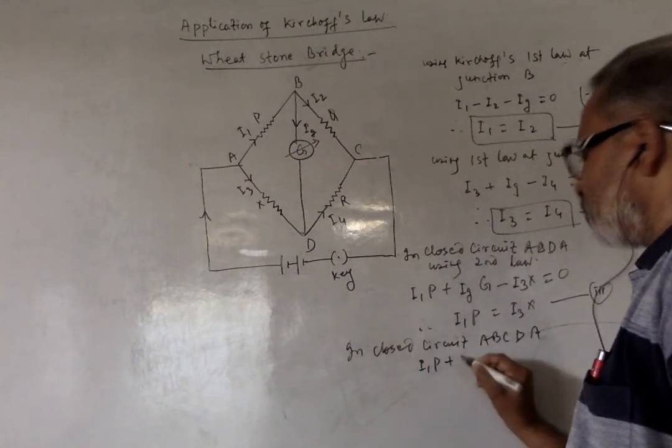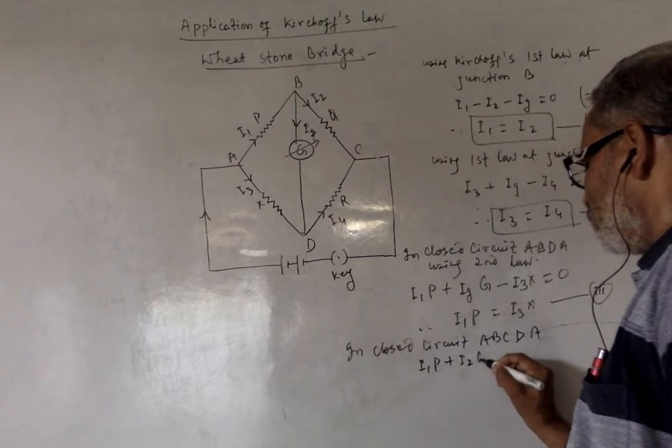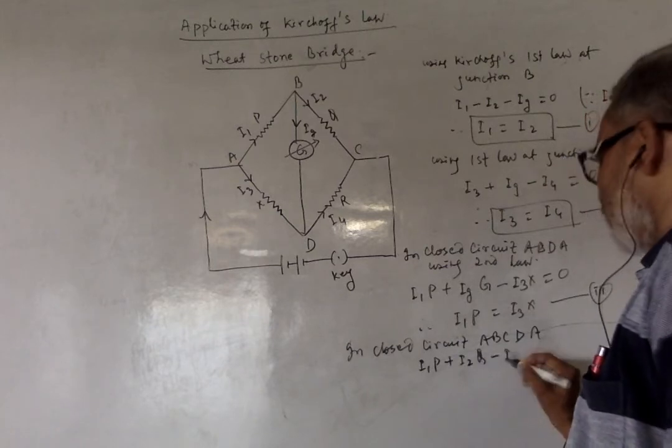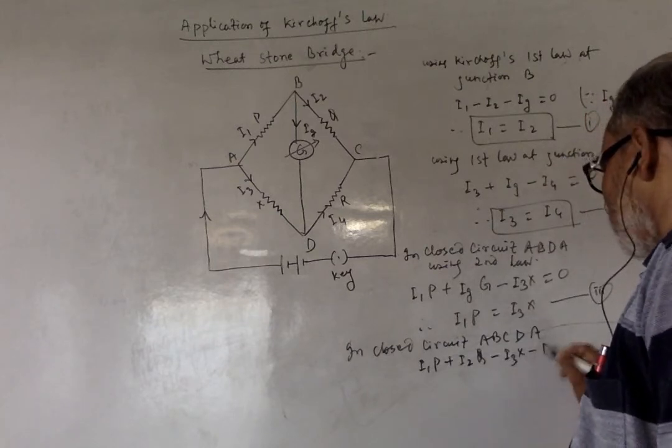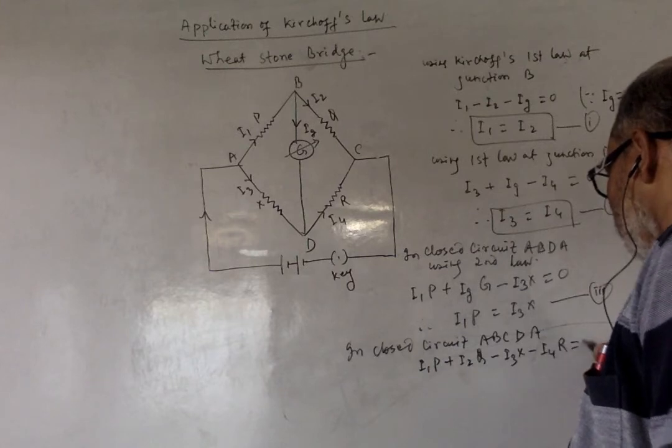I1P plus I2Q minus I3X minus I4R equals 0.